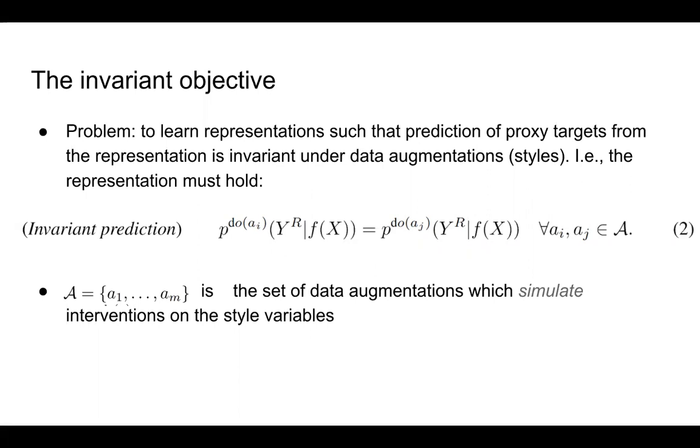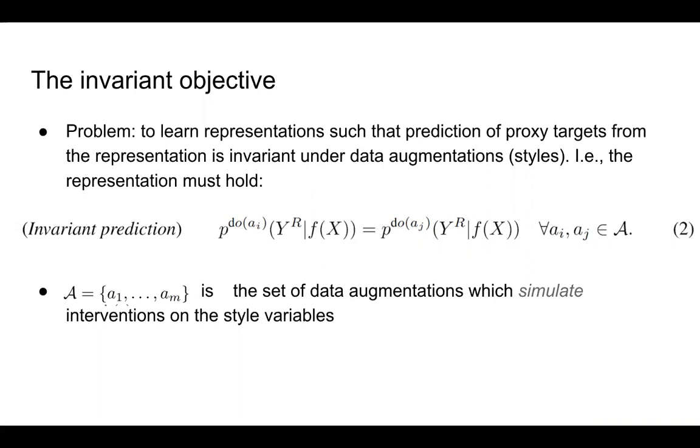equation as before, but here note that the Y becomes YR, which means the instance discrimination example we use in self-supervised learning. And AI and AJ are two different data augmentation methods, which means there are two different styles.